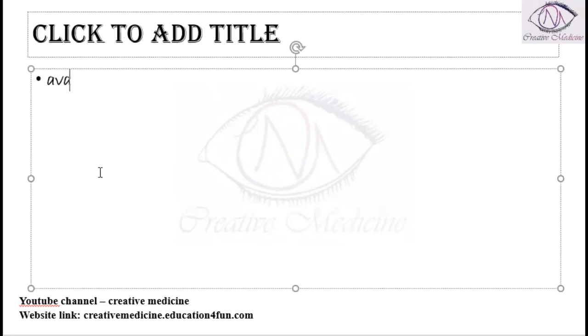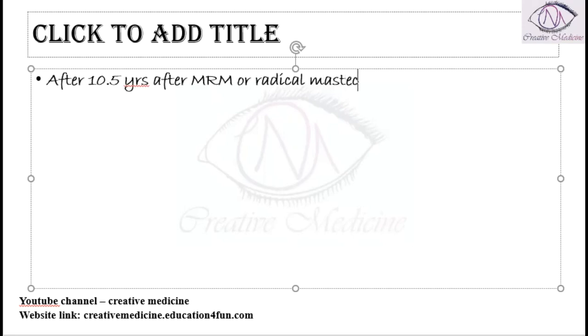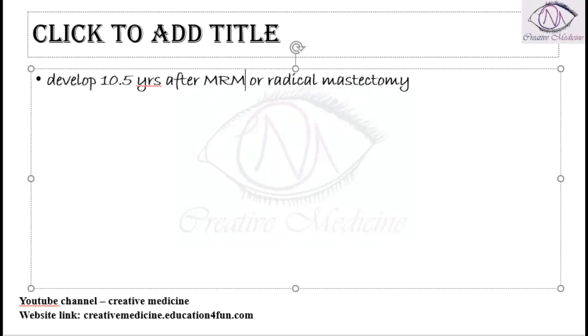If you see the average interval, when does angiosarcoma develop, the average interval between radical mastectomy and angiosarcoma development is 10.5 years after modified radical mastectomy or radical mastectomy.